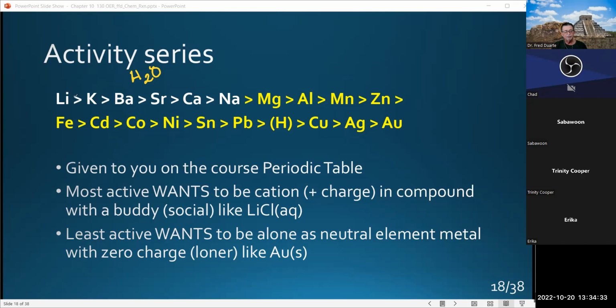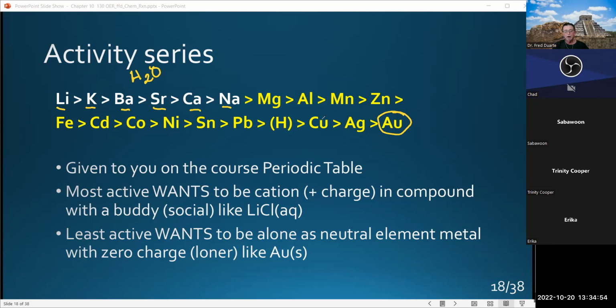The way you read this is you got the greater than symbol. So lithium is a lot more reactive than potassium, which is a lot more reactive than barium, etc. And you go down the scale until you get the most unreactive metal, which is gold.